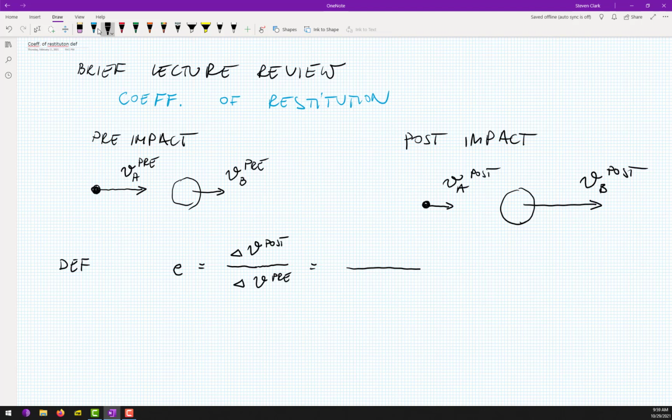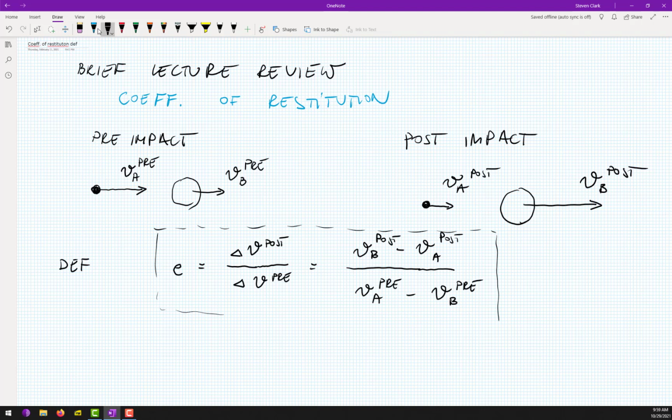So that will be VB post minus VA post, divided by VA pre minus VB pre. This is the definition. This equation corresponds to the situation on the board, to these two drawings.